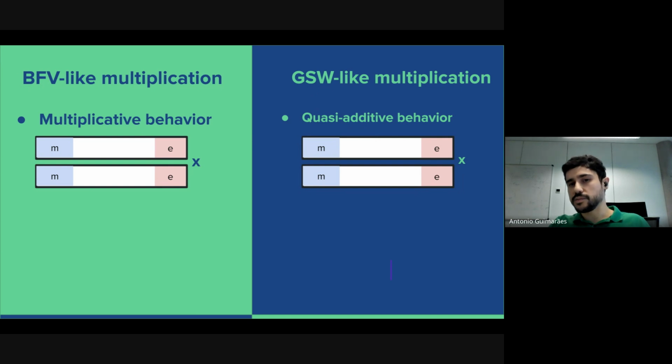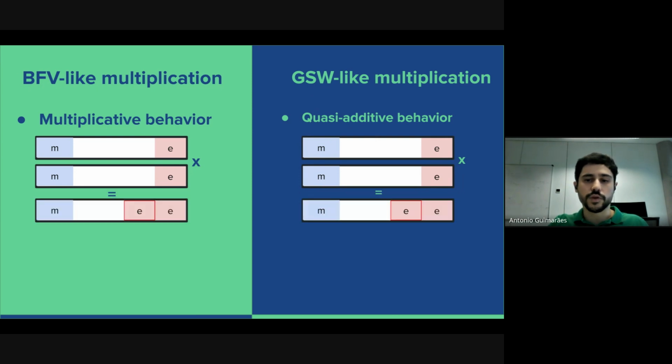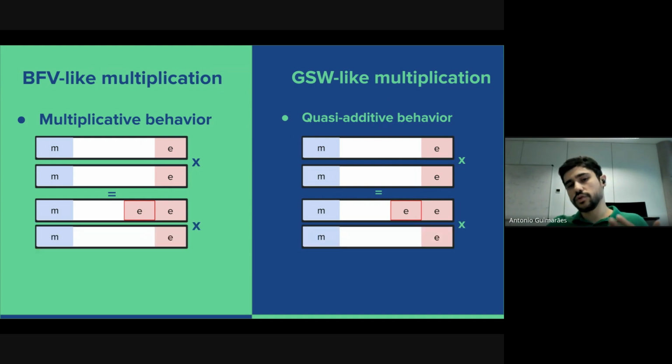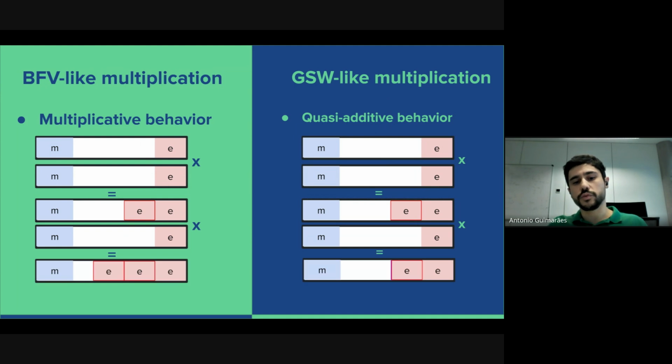The way that the noise behaves in these two types of multiplications is different. So if you just do this first multiplication, we will have more or less the same noise. So here you had some amount of noise, it doubled, same thing on the other side. But once you continue to do multiplications, you will notice that in BFV-like multiplications, you have a multiplicative behavior.